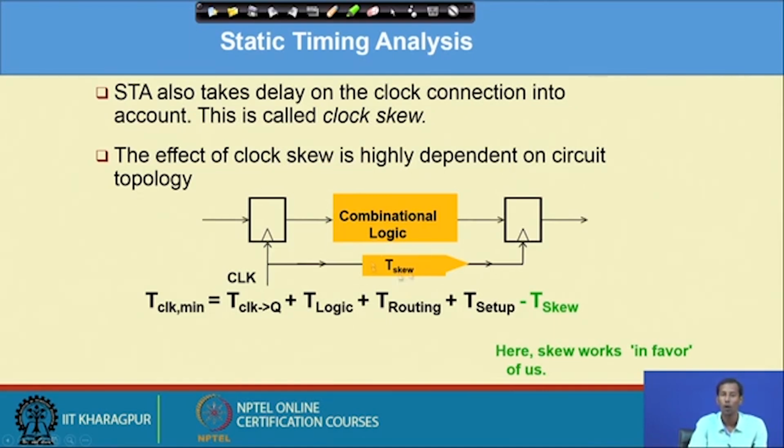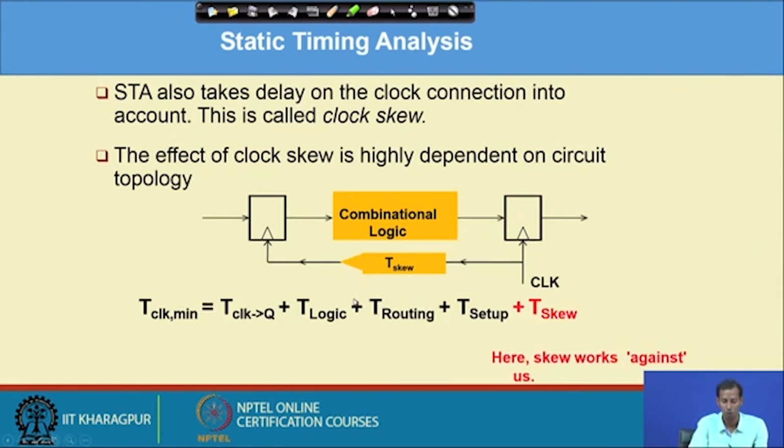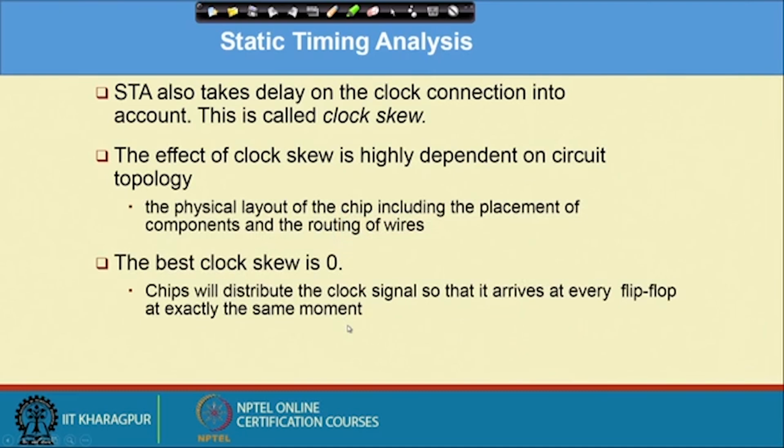That means what topology you have used for the circuit representation is an important factor here for this Q. So, if I supply this clock in the opposite direction of the data, at that time clock skew will be added to this equation. Okay. So, here you see skew works against us.